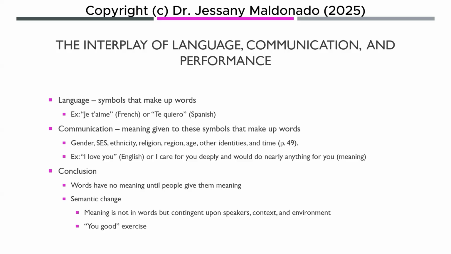Meaning is not necessarily solely in the words, but is largely contingent upon or dependent upon speakers, context, and the environment. So there's a colloquial phrase within the African American community that can be said in various different ways, along with many other phrases. But an example that I want to give you is "you good."